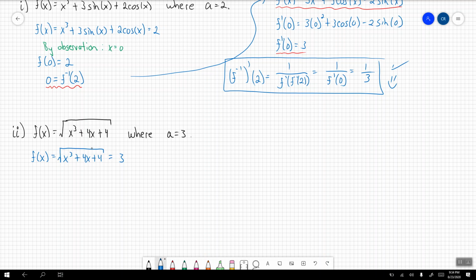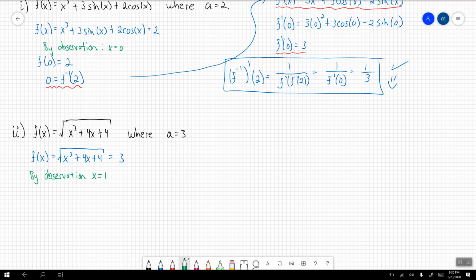That way, when I take the square root of 9, I get 3. So what x value can we input here for that radicand to evaluate to 9? Yes, by observation, x needs to be equal to 1.